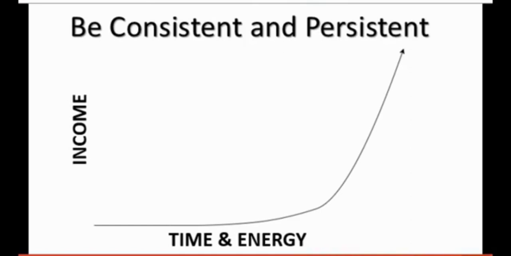But you need to be consistent and persistent with it, and just keep producing content, keep showing up in the social media channels that you choose to show up in.